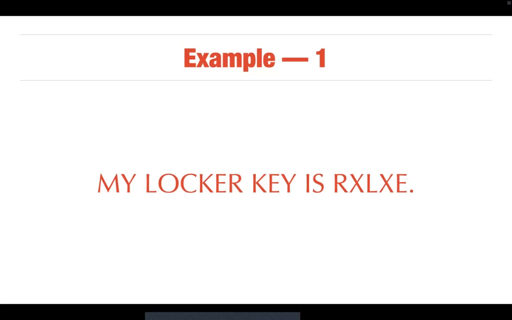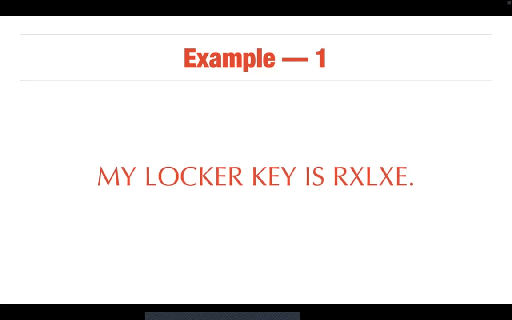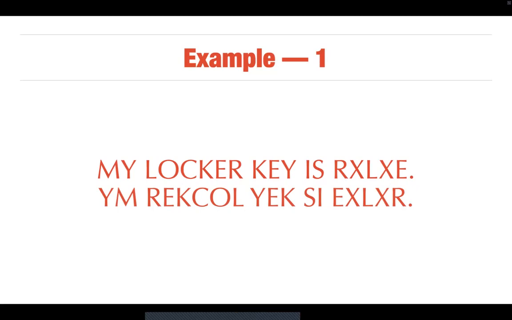So what will we get? We will get ym, if we reverse m y. Then reverse locker, it will be rekkcol, then yek for key. In this manner, we have reversed the letters of each word.